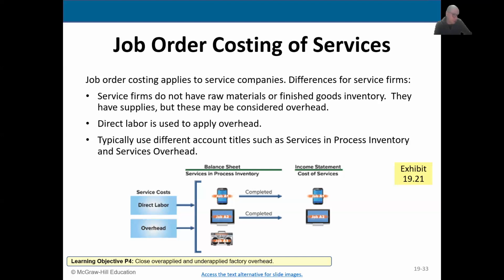They mow the lawns during the warmer months, and during the cold months, they do snow plowing. We can apply what's called the job order costing system to that business. What we're going to use is the direct labor and the overhead as our costs. And the job order cost sheets represent each individual lawn customer. And we can track our process cost that way.